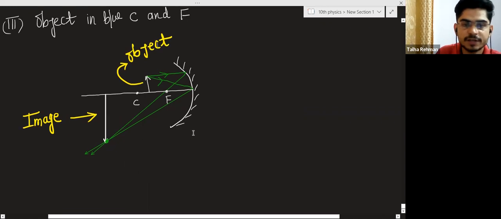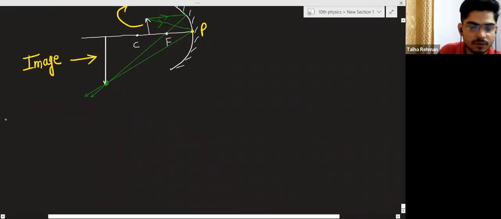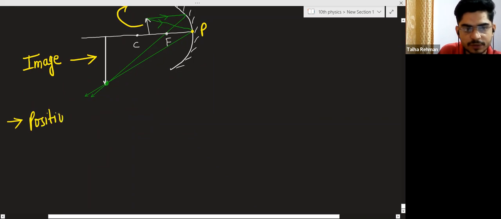So first point is, and remember this is pole P, the position of the image.